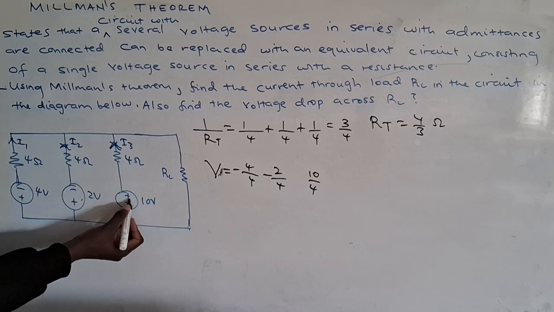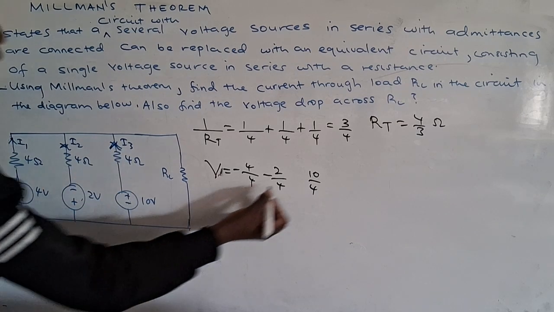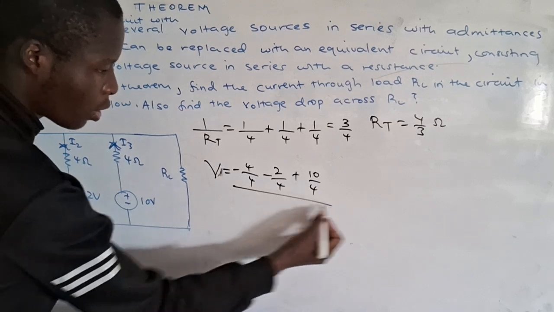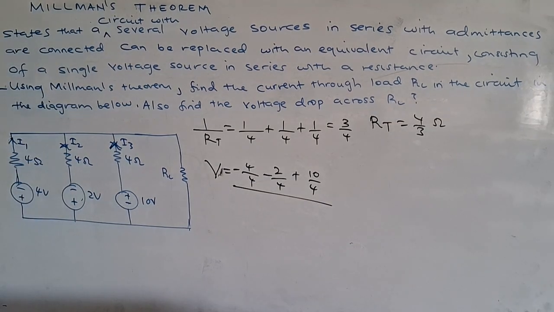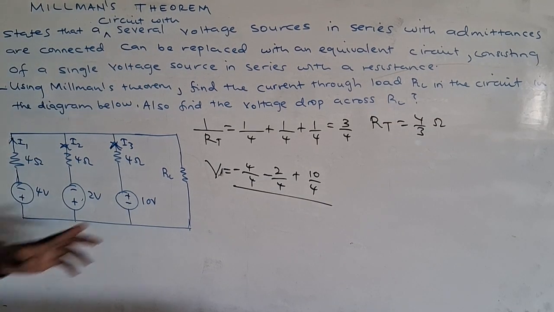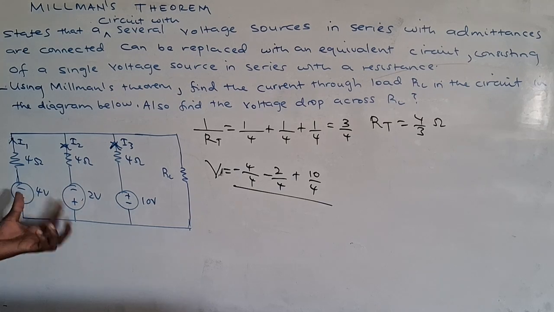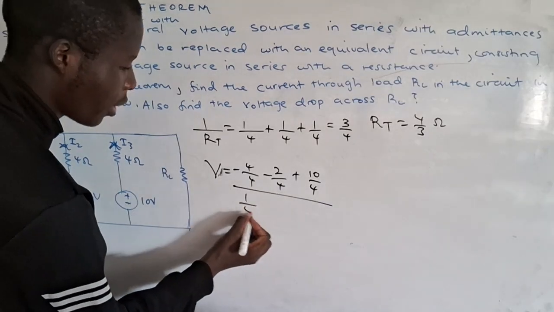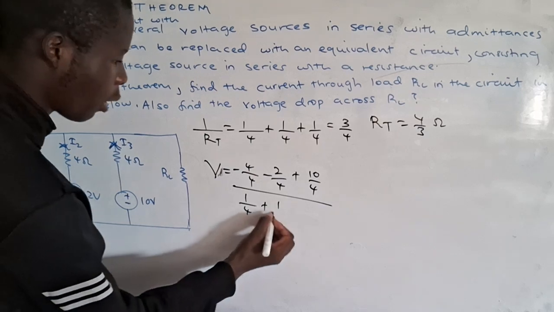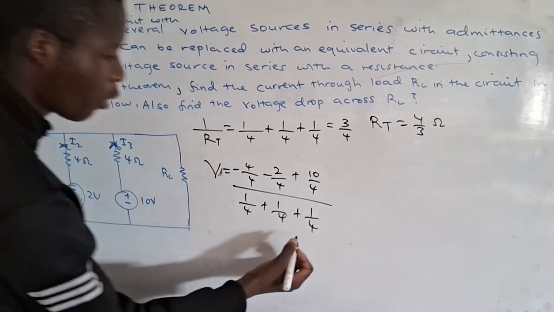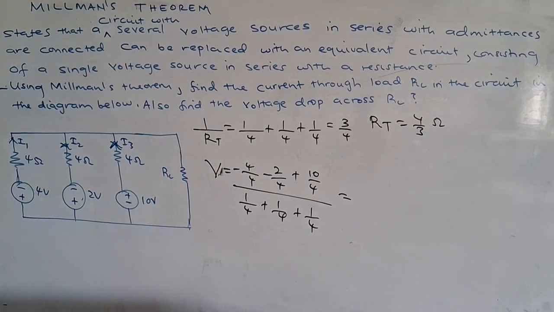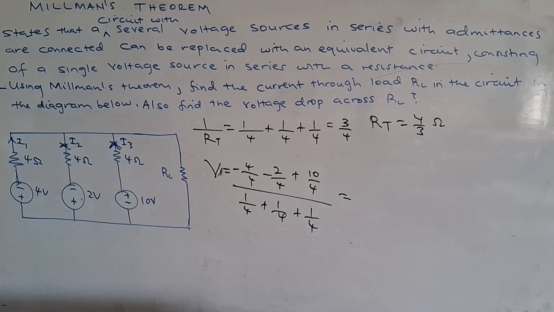And here, this is negative to positive, which is a rise. Plus, divided by, now what are you supposed to do? The summation of the admittances, the reciprocal of the resistances. So 1 divided by 4 plus 1 divided by 4 plus 1 divided by 4. So what is the answer? You do the calculation using your calculator.